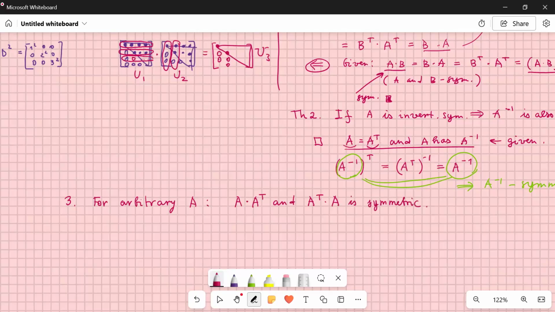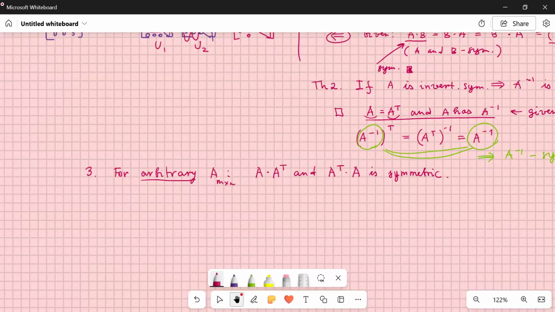And here, guys, no conditions on A. A can be even an M by N matrix, arbitrary. I'm going to show this. I'm going to take matrix A and multiply it by matrix A transpose.